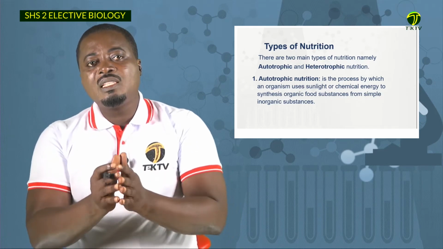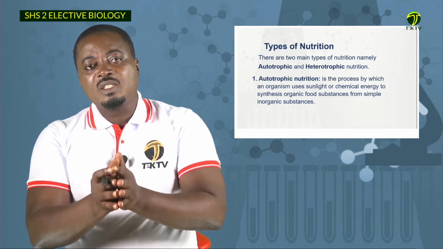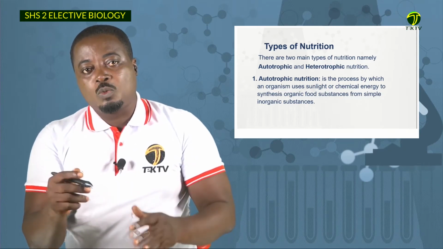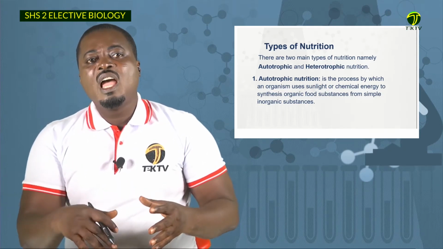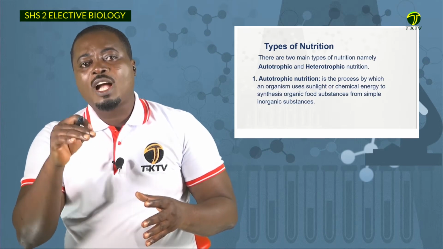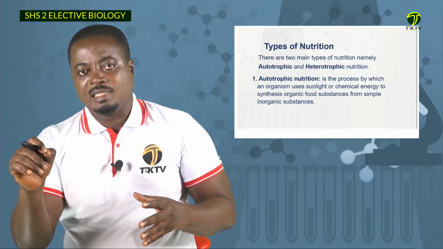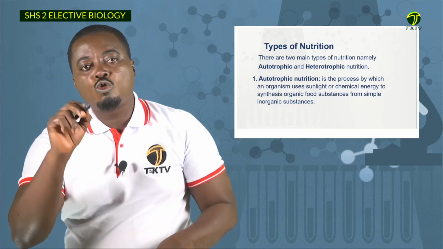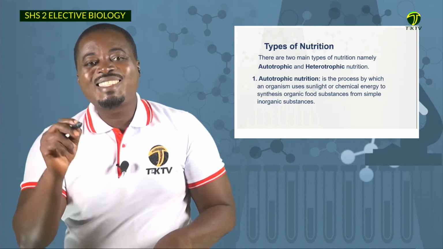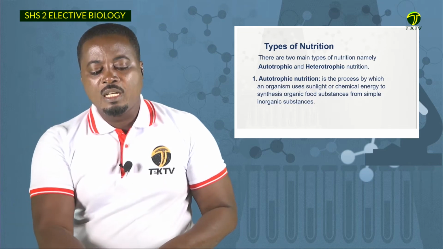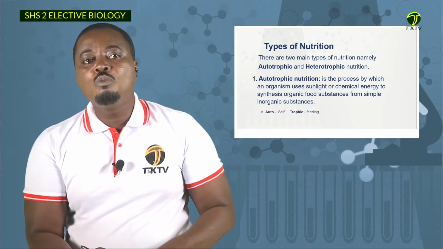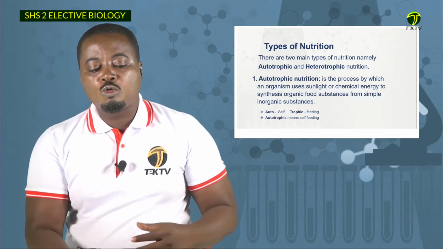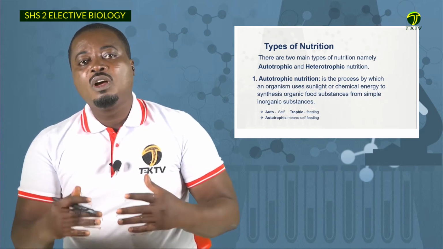So these organisms that are able to use these inorganic non-living substances and convert them to organic food substances, if you're able to do that, we say you are autotrophic. You are self-feeding. We said that auto means self and trophic means feeding. Therefore, autotrophic means self-feeding.